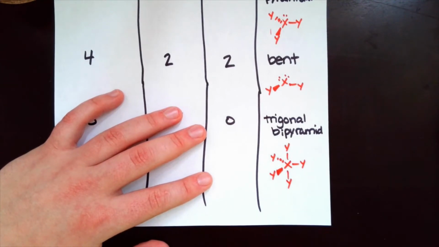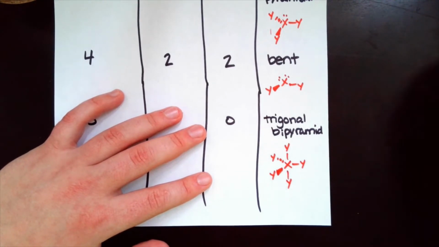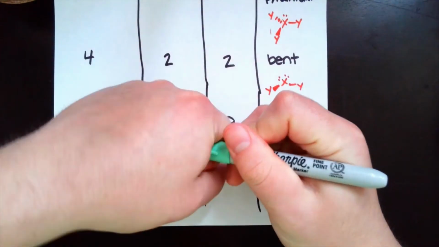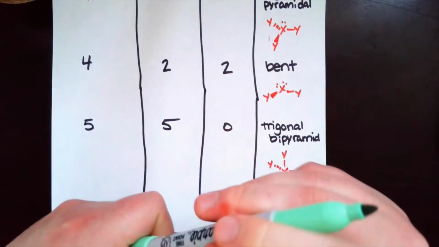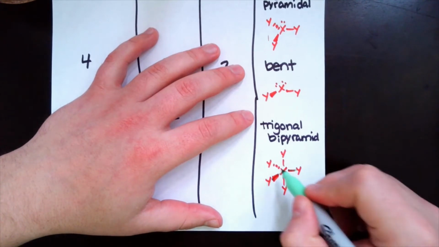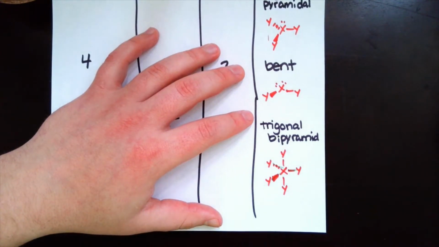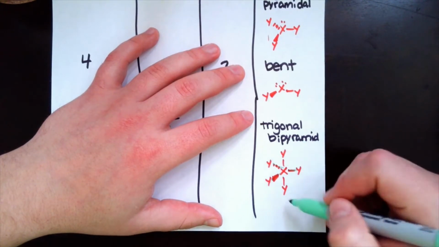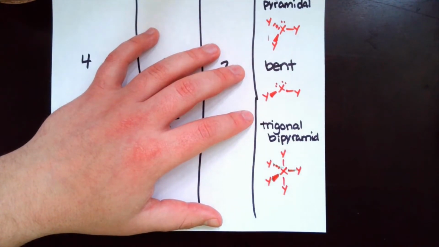Now here, this is when we start to get to the point when not every bond angle is the same. So the bond angles between these 3 here, those are referred to as equatorial positions, and the top and bottom one are referred to as axial positions.